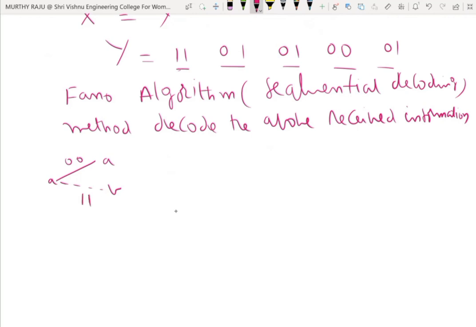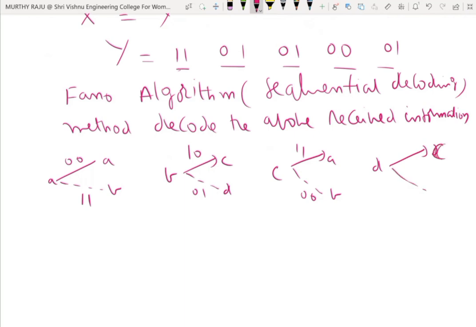Similarly, B to C and B to D, 1 0 0 1. C to A, C to B, 1 1 0 0. D to D, D to C, D to C, and D to D, 0 1 1 0.